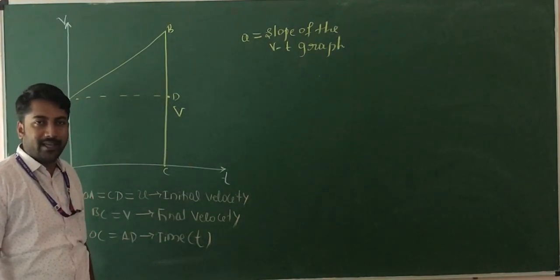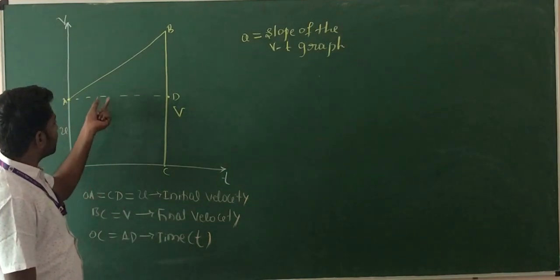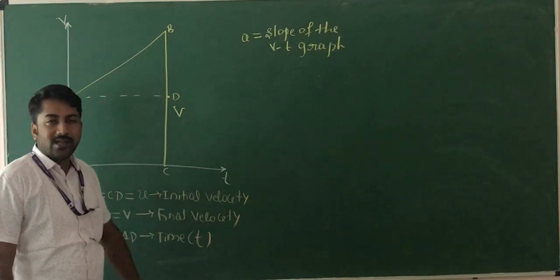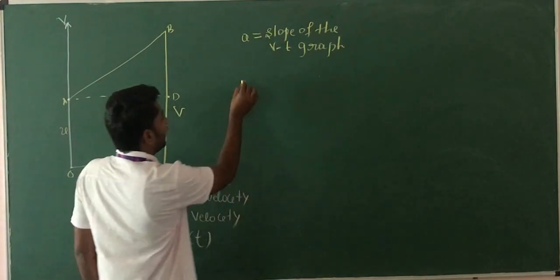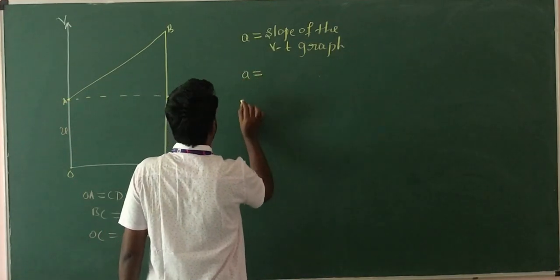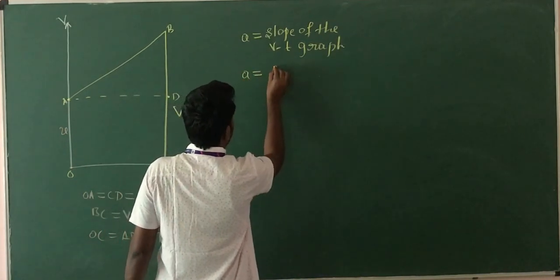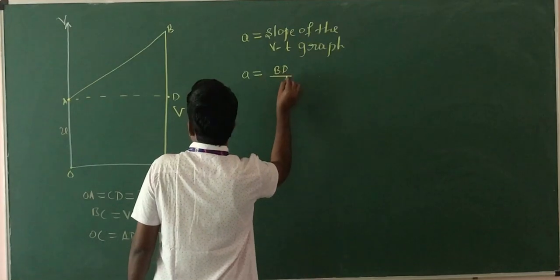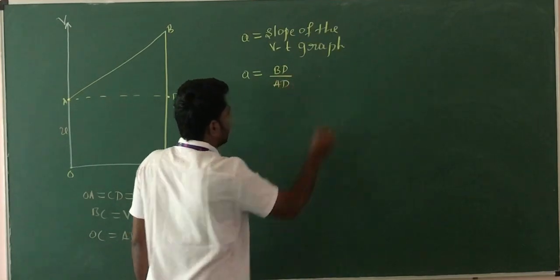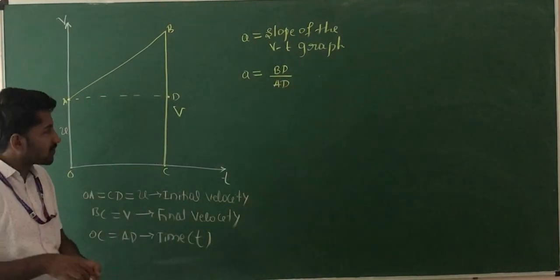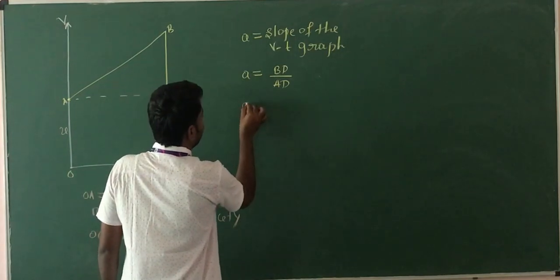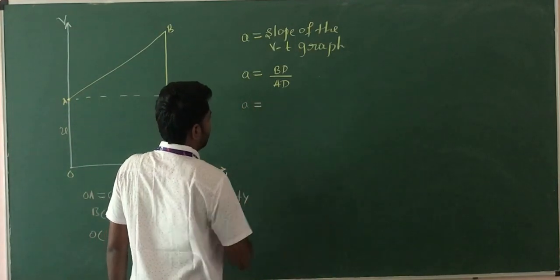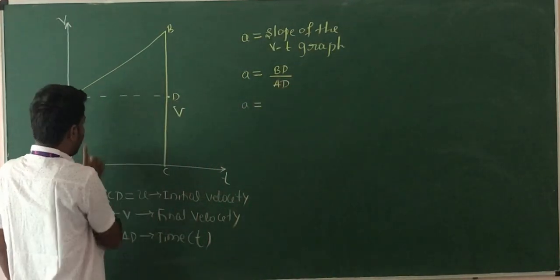The slope of this velocity and time graph gives the acceleration of the body. So a is equal to the slope, that is BD divided by AD. Now substitute the values here. a is equal to BD divided by AD.